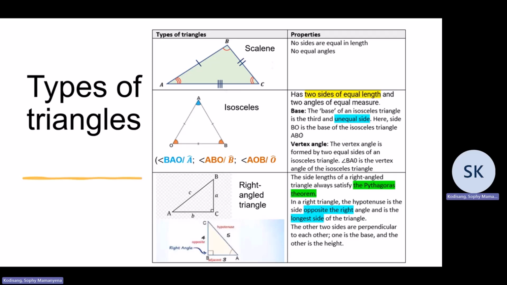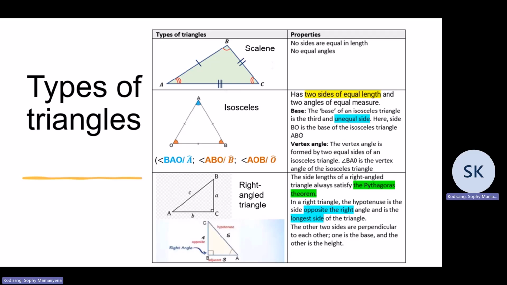And before I move to the right-angled triangle, I want to emphasize that naming and labeling triangles are important because they help us communicate clearly and work accurately when solving mathematical or real-life problems. When each vertex or a corner of a triangle is given a name, it becomes easy to identify specific sides and angles. This prevents confusion, especially when dealing with more than one triangle in a diagram.